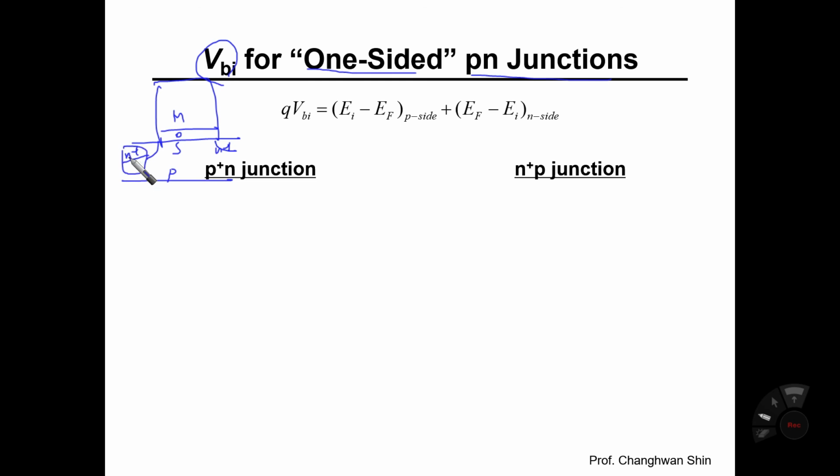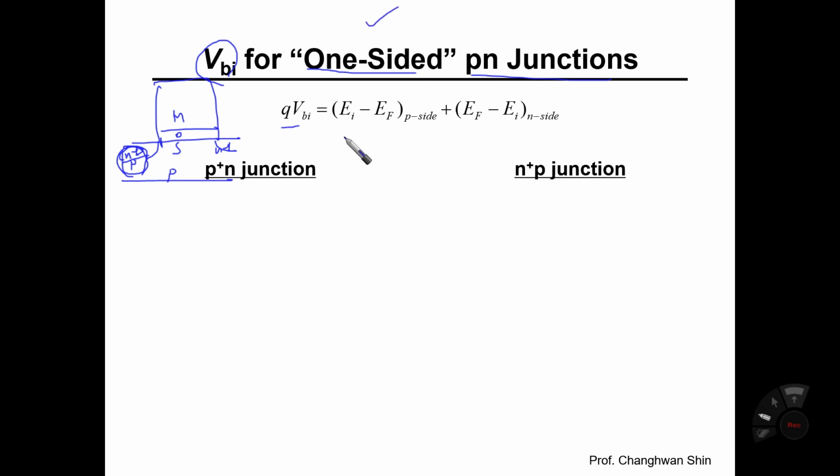So here, P n plus: one side is very heavily doped and the other side is lightly doped. This one-sided p-n junction is widely found in real devices in integrated circuit chips. So in that sense, let's repeat and do the analysis for q times phi_BI for a one-sided PN junction.